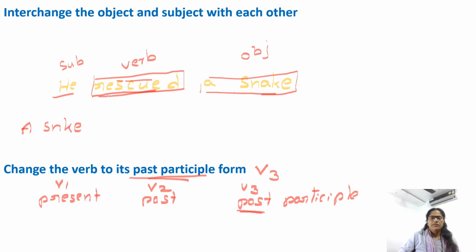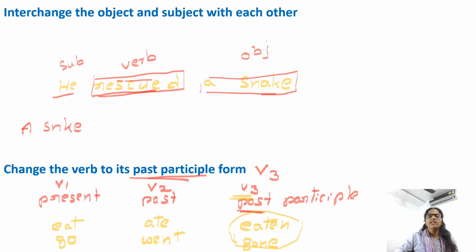Some examples: eat, a present form; ate, past form; eaten is the V3 form, that is the past participle form. Go, went, gone. So in passive voice, we should always use only the past participle or V3 form of a verb.